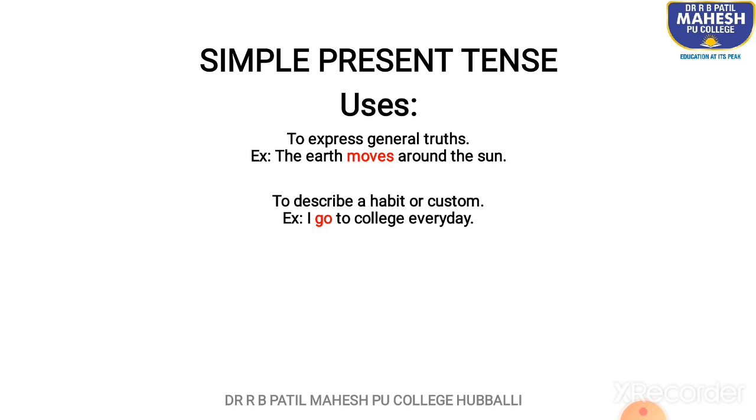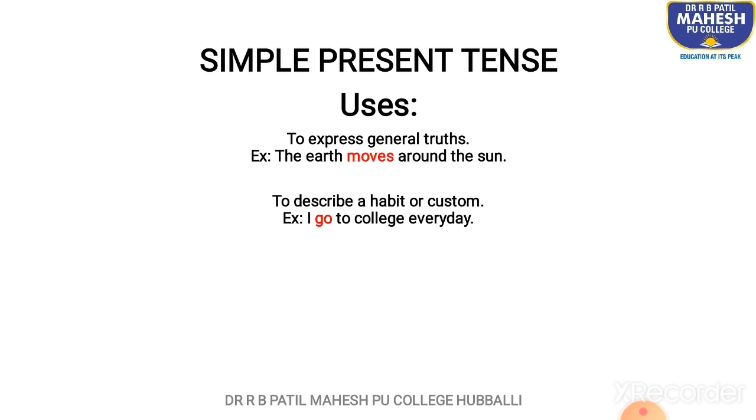The next use is to describe a habit or custom. Whenever we talk of something that we do on a daily basis, a habit that we have or a custom that we follow, we always use simple present tense. Example to clarify this: I go to college every day.